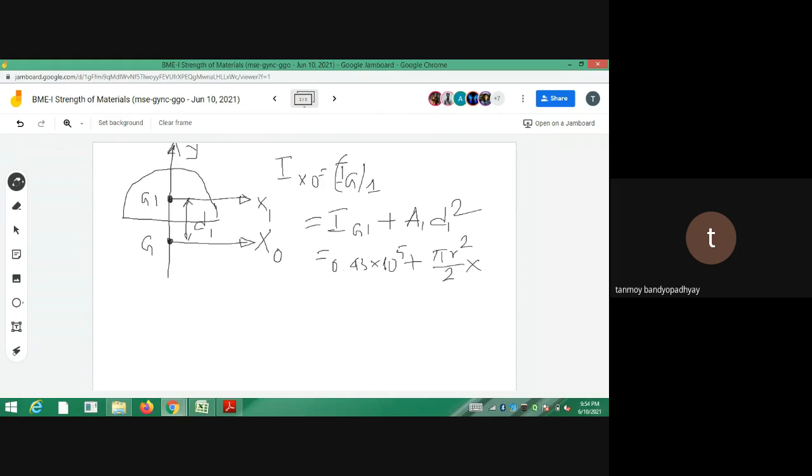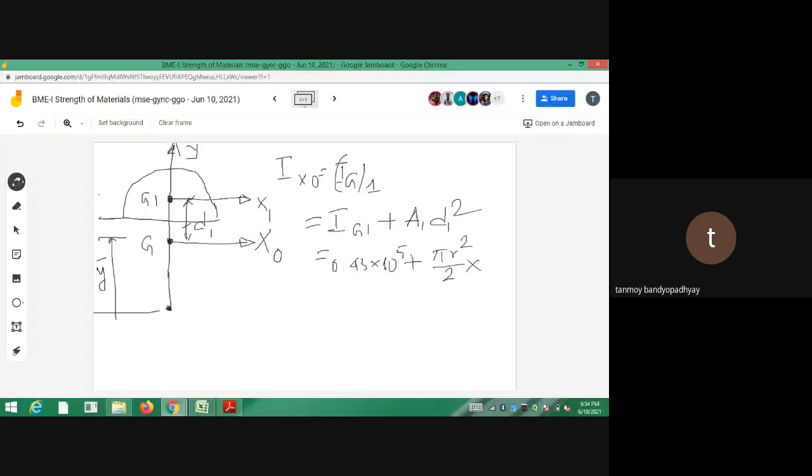D1 will be this, this is 4r by 3 pi, and this distance from the bottom, let's say it's the bottom of the rectangle. From the bottom of the rectangle, up to this distance was y bar. We know this y bar, and up to this is the side of the rectangle, which was 25.